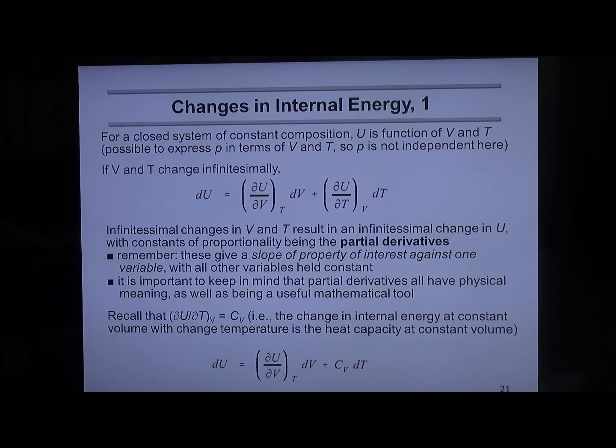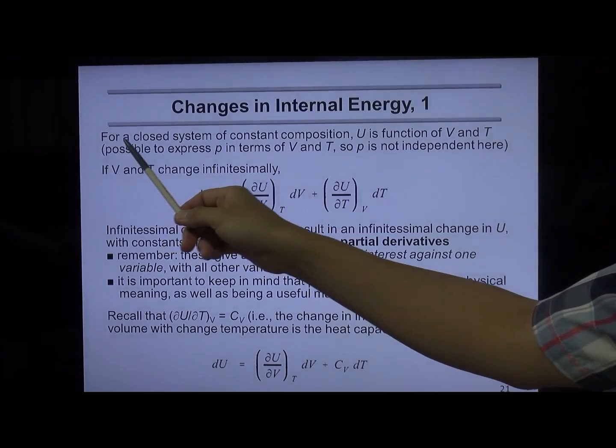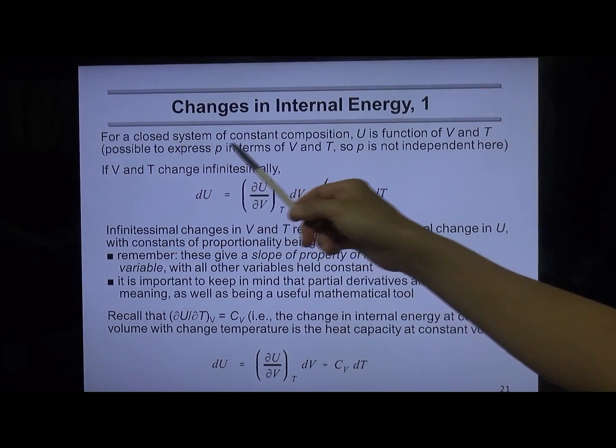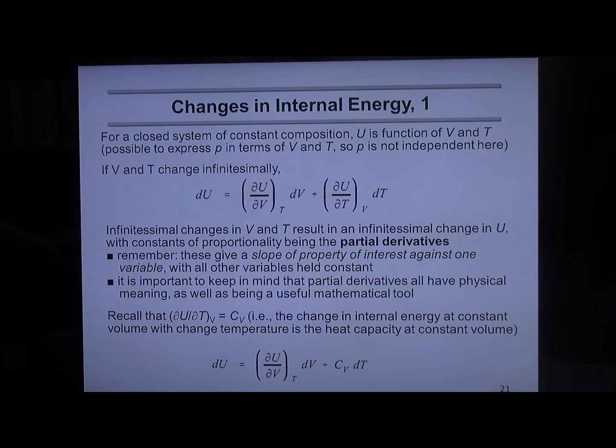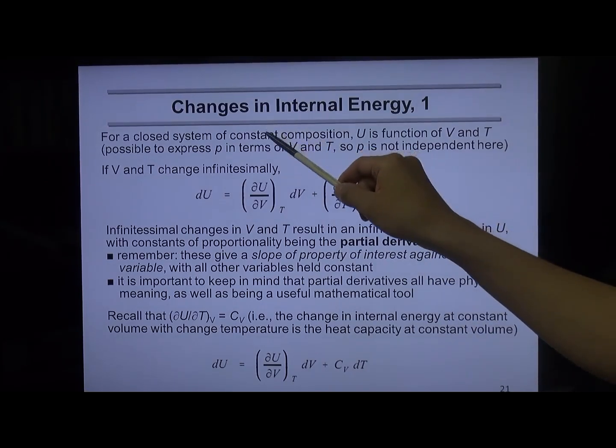So to describe these state function properties, we are assuming a closed system of constant composition. So basically composition or number of moles are constant. N is constant.